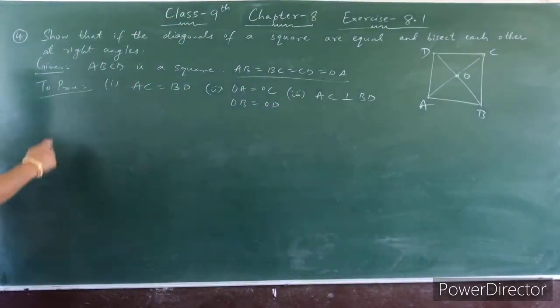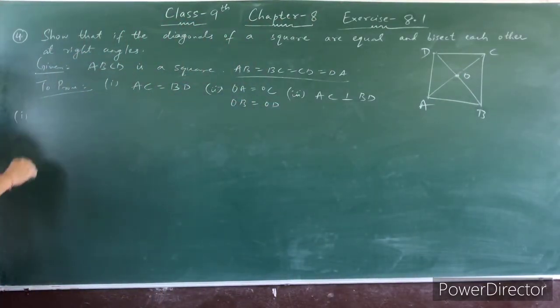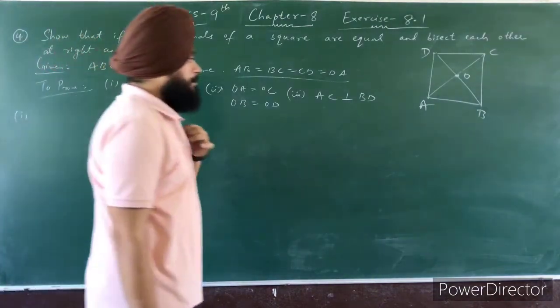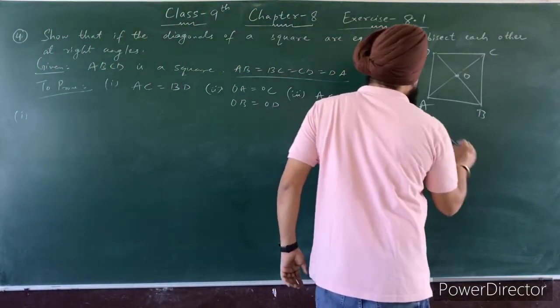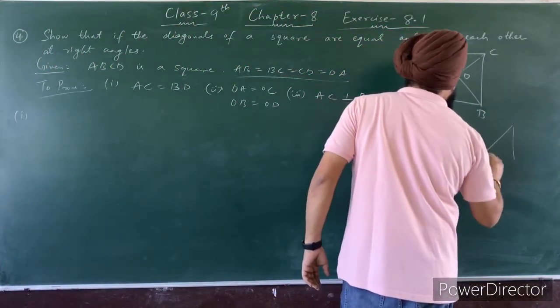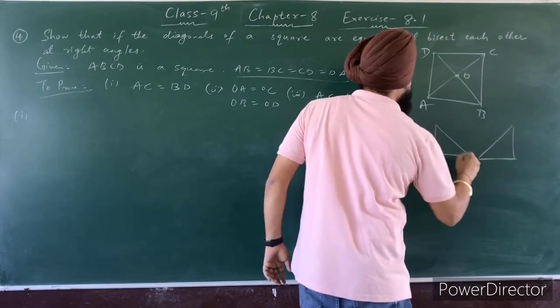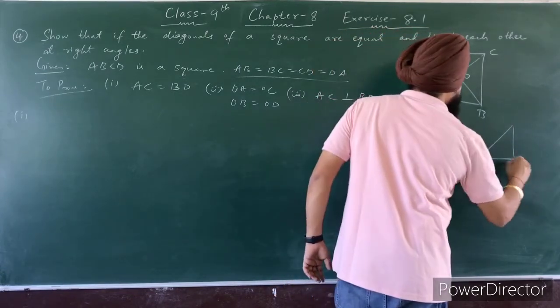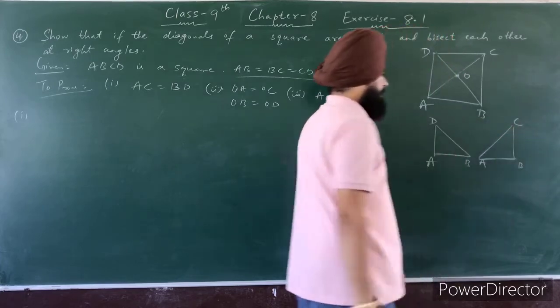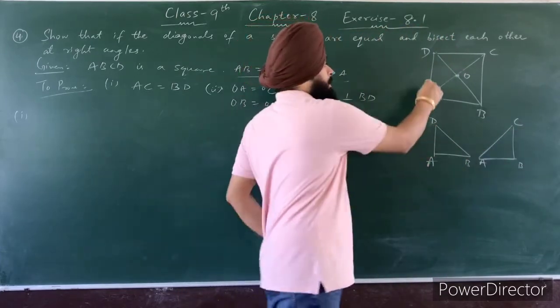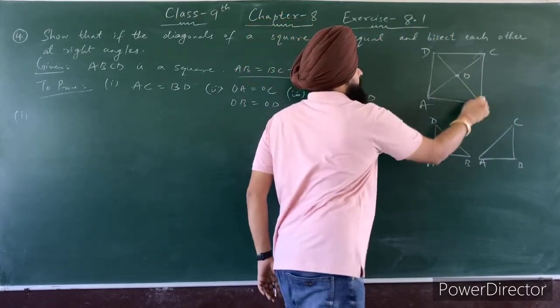So first, let's start from the first part. First you can take these two triangles, ABD and BAC. You have to take these two triangles, this one and this one.